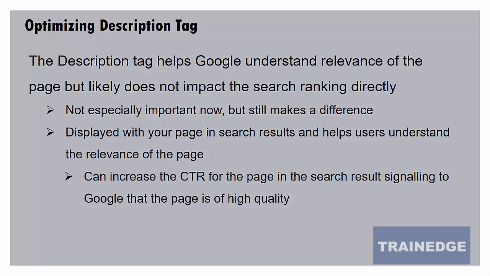That description helps users understand what the page is about. And a well written description tag can increase the number of people who click on your page in the search result. And if more people click on your page in the search result, it sends a signal to Google that your page is of high quality, your page is more relevant, and therefore Google might rank your pages higher in the search result.